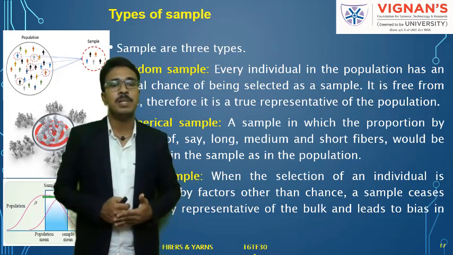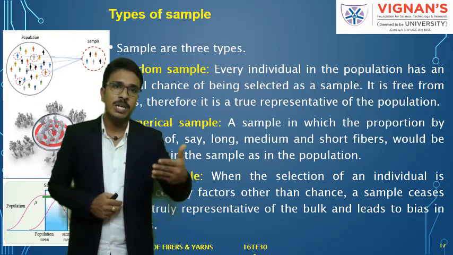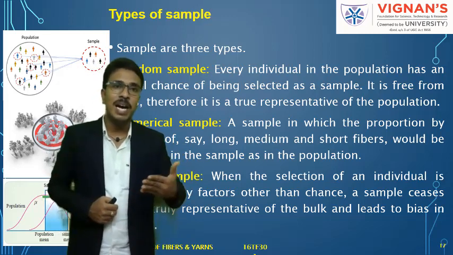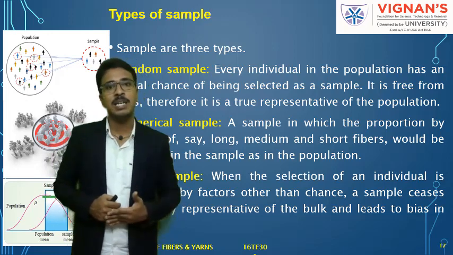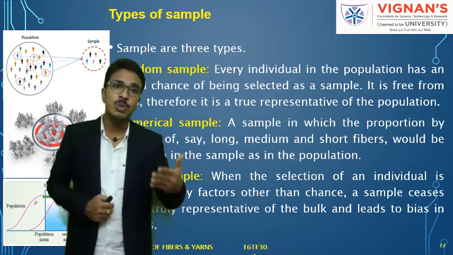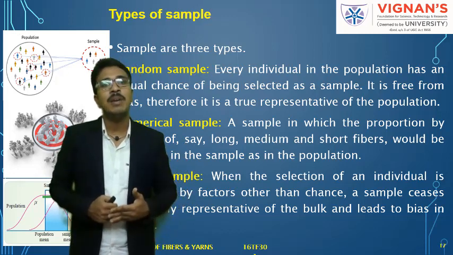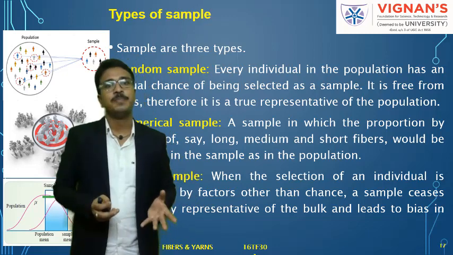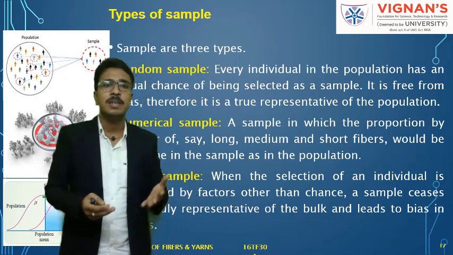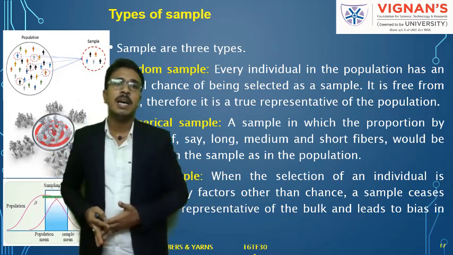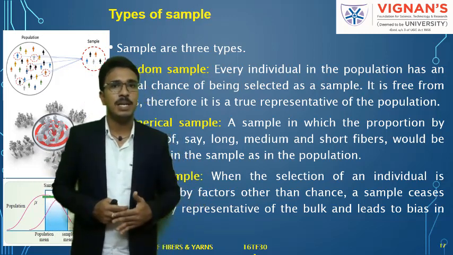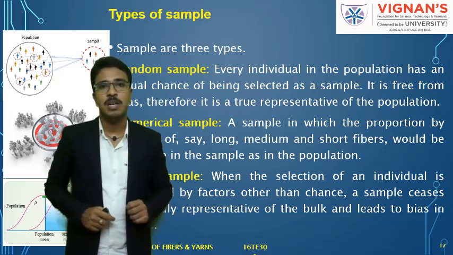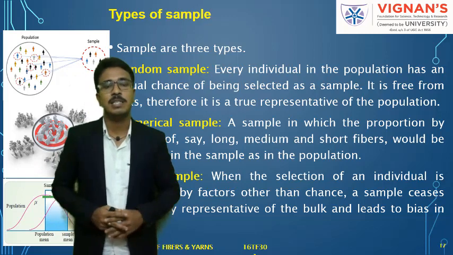In the selection of samples, we saw in detail what a population is, what a sample is, what sampling is, why we need sampling in textile testing, what the merits of the sampling process are, the different parameters on which sampling depends, and finally the different types of sampling: random sample, numerical sample and biased sample. I hope you understood this class.